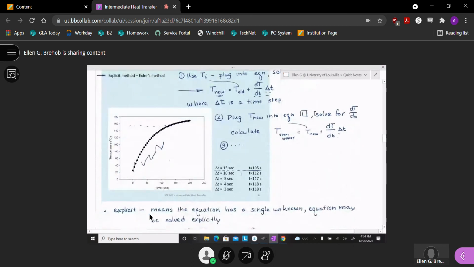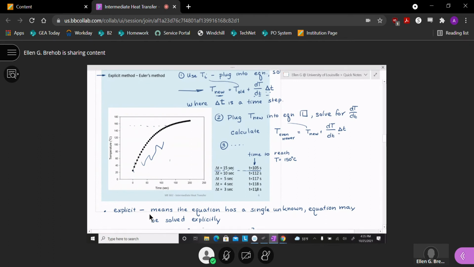And the time when I hit 150 was 105 seconds. Okay. So then I stepped down my time step to 10 seconds, and the time to reach 150 is 112 seconds.